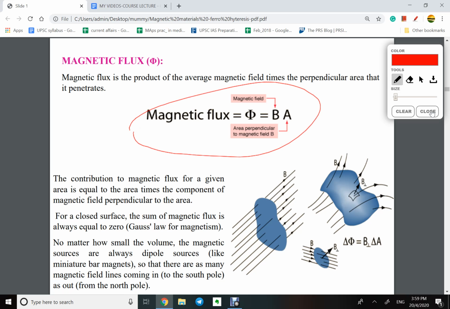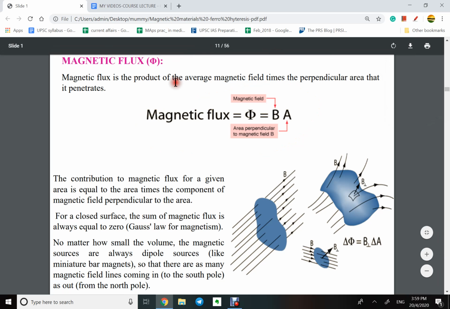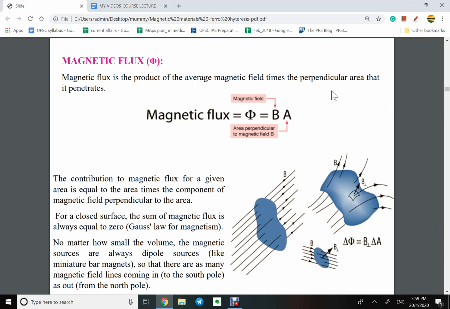Magnetic flux is B into A, that is flux density, that is magnetic induction, into the area through which the magnetic flux lines enter in the perpendicular direction. These are all very simple fundamental definitions. So what is magnetic flux? It is a product of average magnetic field times the perpendicular area that it penetrates.